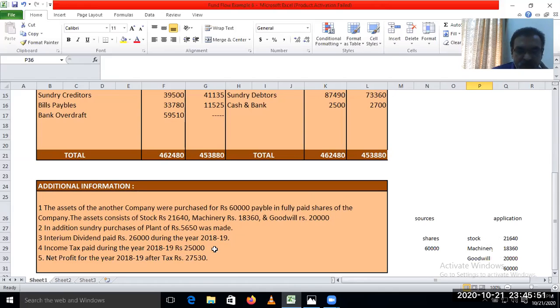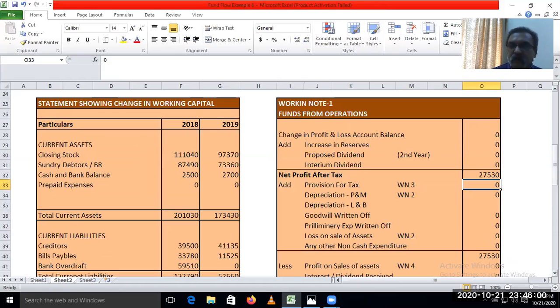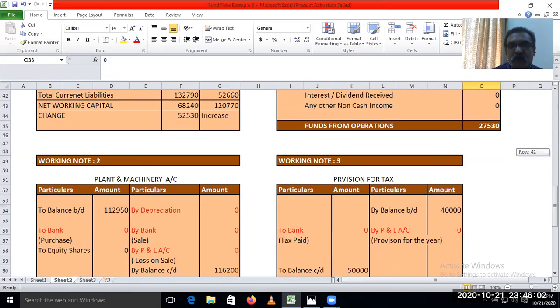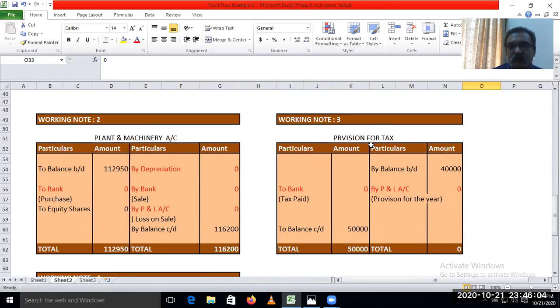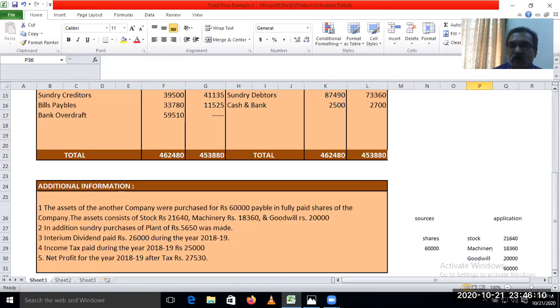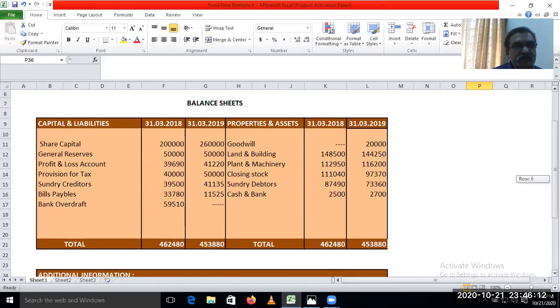So the amount of tax paid is given. It means the amount of provision made during the year is missing. That we can find out by preparing the working note. We'll go to working note number 3, provision for tax account. Opening balance 40,000, closing balance 50,000, which I have already recorded. You can cross check it with the example.